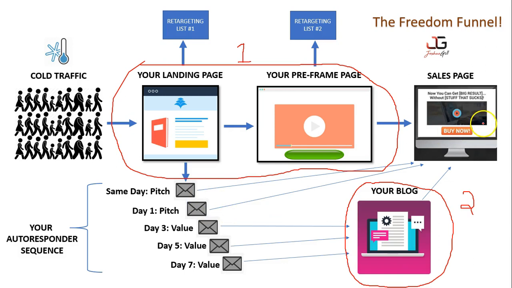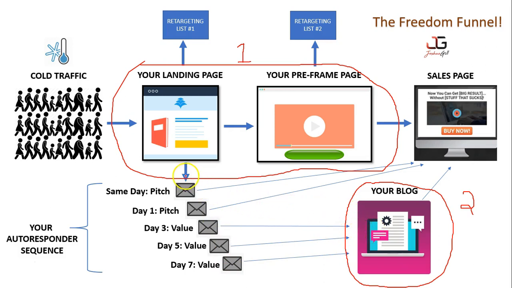But you also want to have value so that you can become a trusted authority and start branding yourself prior to actually just selling a product. That way your conversions will skyrocket a lot better, because you're a trusted authority. So we need to create the content that the email sequence is going to send people to.